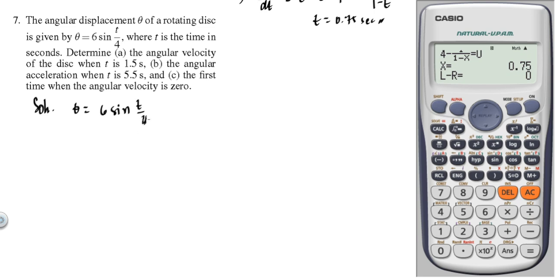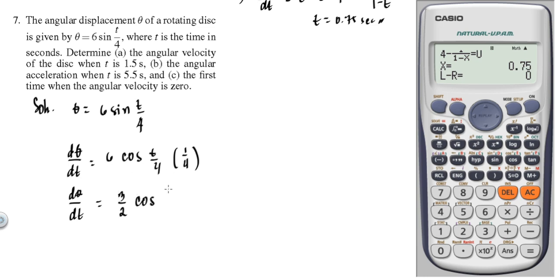You can easily do this. So, d theta with respect to time is 6 times the derivative of sine, cosine t over 4, and derivative of t over 4 is 1/4. Or d theta over dt is 6 over 4, or 3 halves cosine of t over 4.